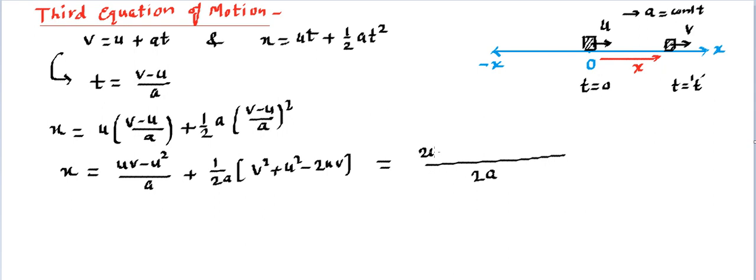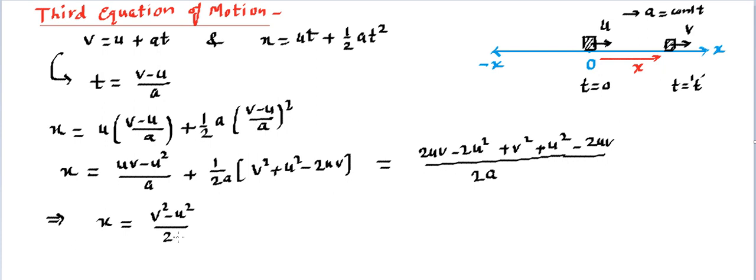So it's going to be twice uv minus twice u square plus v square plus u square and minus twice uv. Then you can simplify this and rearrange again. So x is going to be equal to, you'll find this and this getting cancelled out, so the uv term is no more. Moreover, one u square is getting cancelled out, so ultimately it becomes v square minus u square divided by twice a.